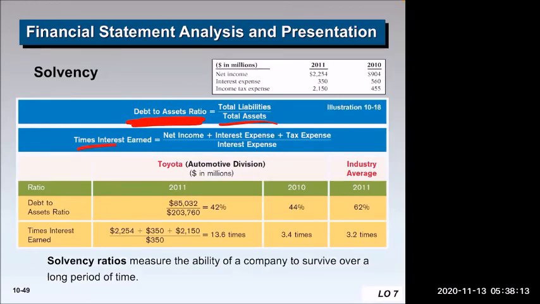Times interest earned is more of an indicator of our ability to meet our interest payments. But this is one that I'd like you to be able to deal with and calculate. But solvency, as a reminder, is our ability to survive in the long term.